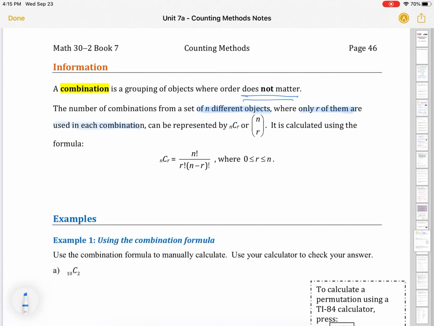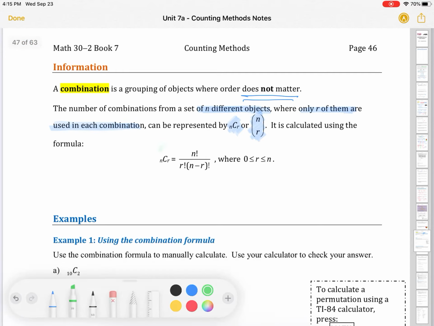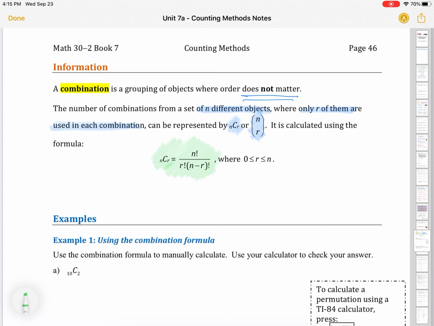So instead of 3 pick 2, we say 3 choose 2. The number of combinations from a set of n different objects where only r of them are used in each combination, we can represent by nCr, or we can write it as n over r in brackets. So those are the 2 ways that we can write that.